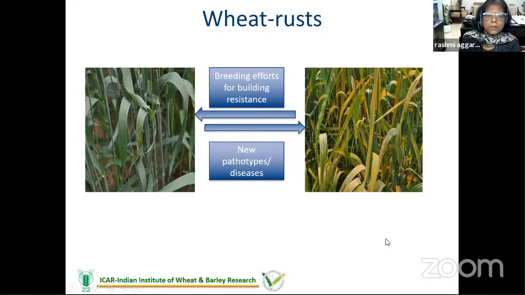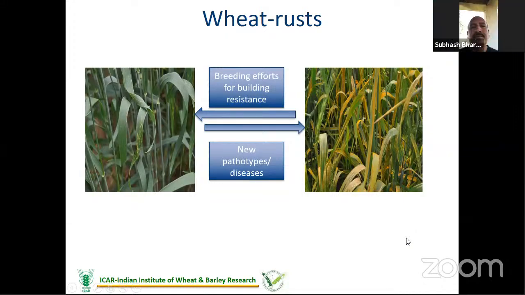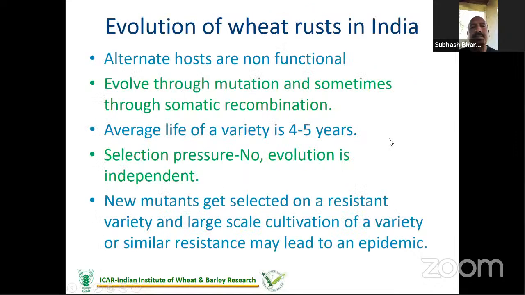So, live presentation then. Like Harvan said, this is definitely a race going on between breeders and pathogens. So we have a resistant variety, it becomes susceptible, so again we develop a resistant variety. So here I just want to say how rust evolves in India.